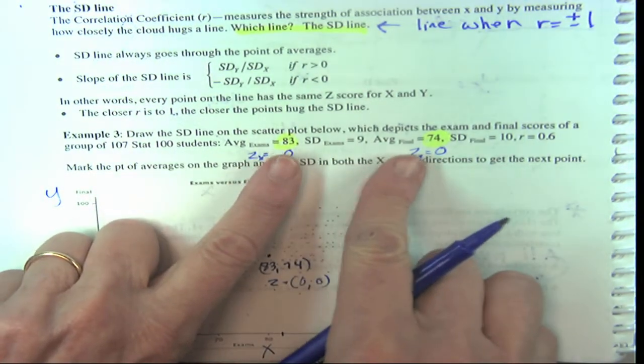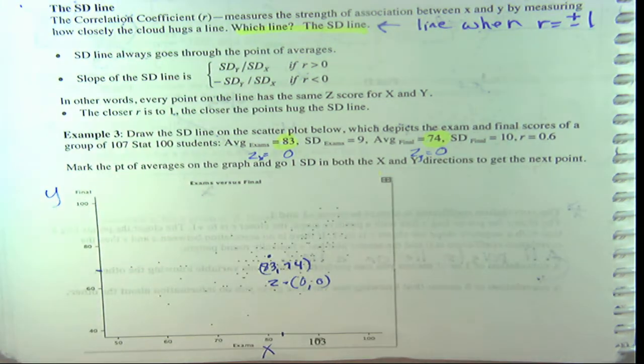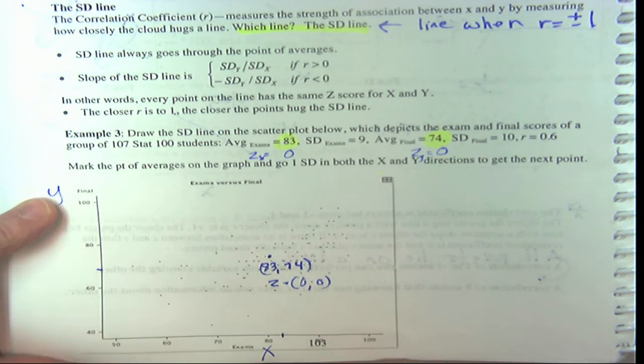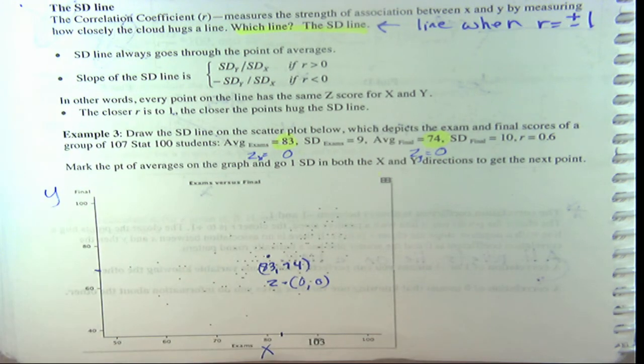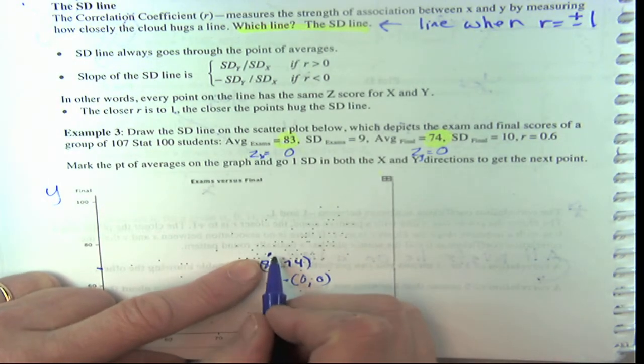They have different averages and different standard deviations. So you have to have a common measuring stick to be able to relate x and y. So we remove the units, and the correlation coefficient is computed in standard units between x and y. So think of it as z-scores here. So this is a z-score of 0, 0.